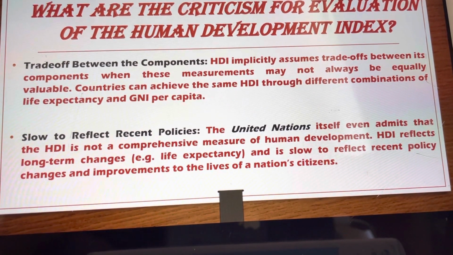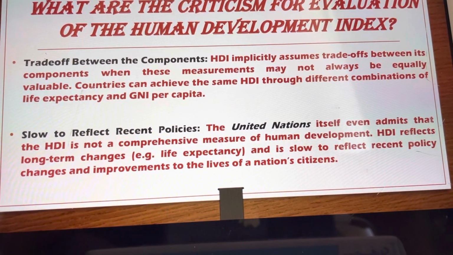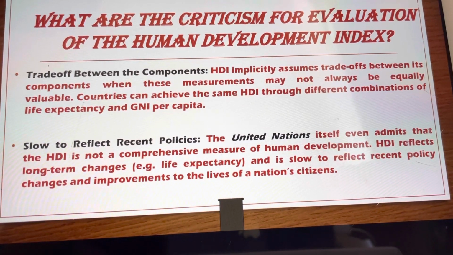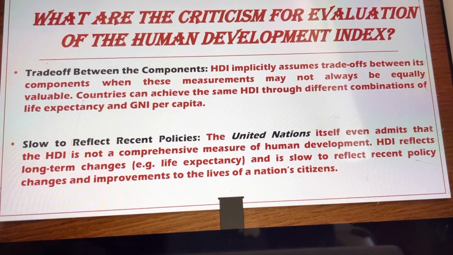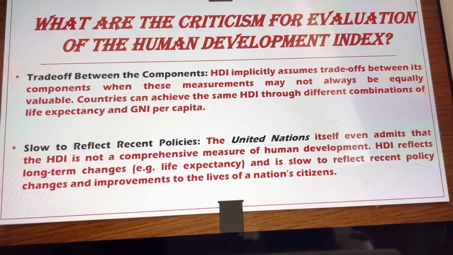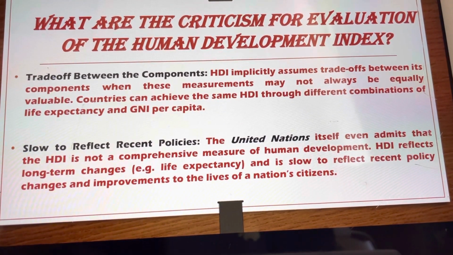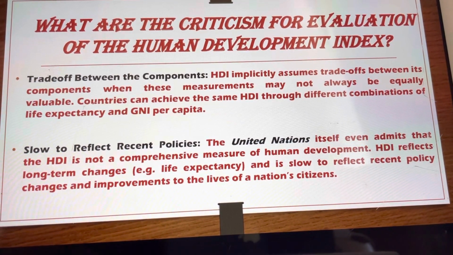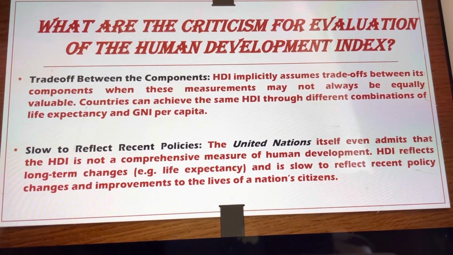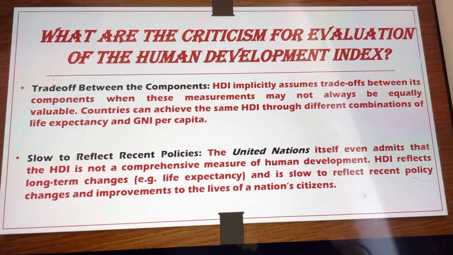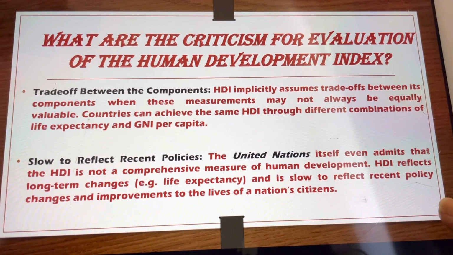So there is a controversy between these 2 indicators, because life expectancy is a long process, and the policies implemented in any country have an impact on the lives of the people, which is not mentioned in the calculation of HDI.